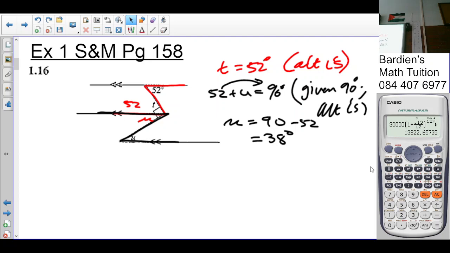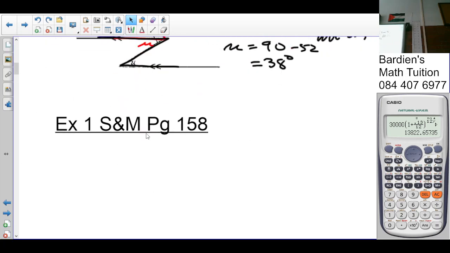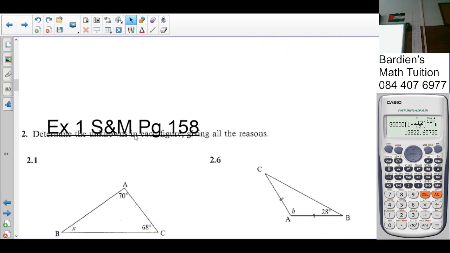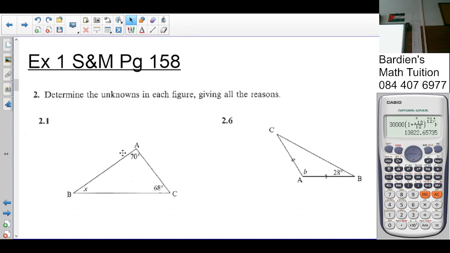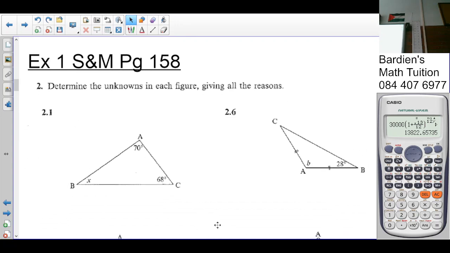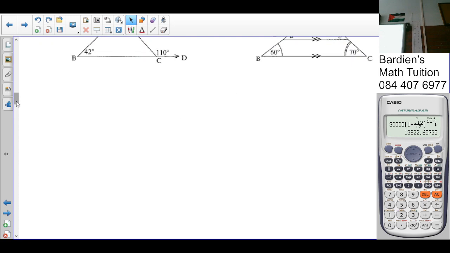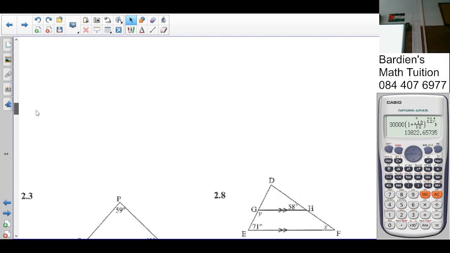Okay. Any other confusion here, people? No? Did I give you number 2 to do for homework? No. Okay. So coming back to the booklet.